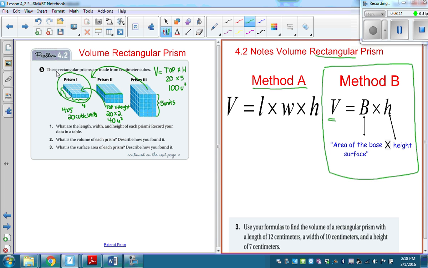Because how did I figure out the area of that one level, Lauren? Like this one. How did I figure that out to be 20? You did the height times the length. Yeah, the length times the width.